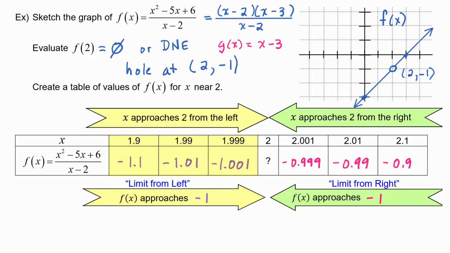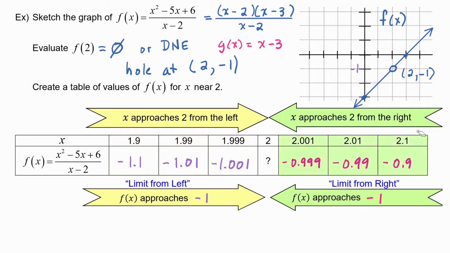And on the graph, that means as x gets closer and closer to 2, coming in from the left, you can see that the y values are getting closer and closer to negative 1, coming in through values that are beneath negative 1.